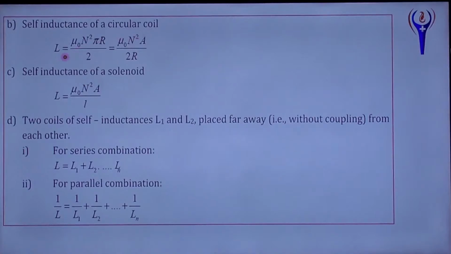Self-inductance of a circular coil L equal to mu naught n square pi r by 2. In this formula, multiply and divide by r, then pi r square is A, so L equals mu naught n square A by 2r.